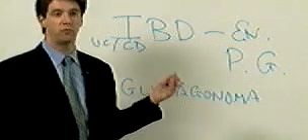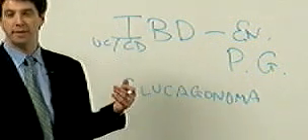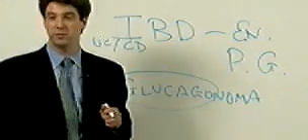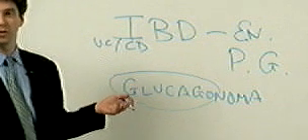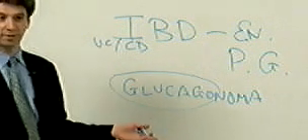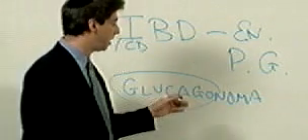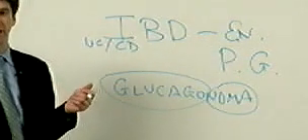Glucagonoma, an extremely rare neuroendocrine tumor that produces glucagon. No mystery. What does glucagon do? What does insulin do? Lowers your sugar. Glucagon is the counter-regulatory hormone, raises your sugar. And it also produces diabetes. Typically, it's an OMA, again, a tumor located in the pancreas.